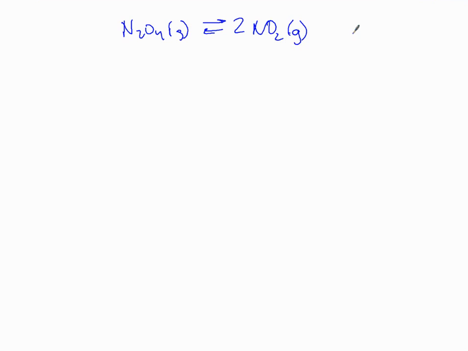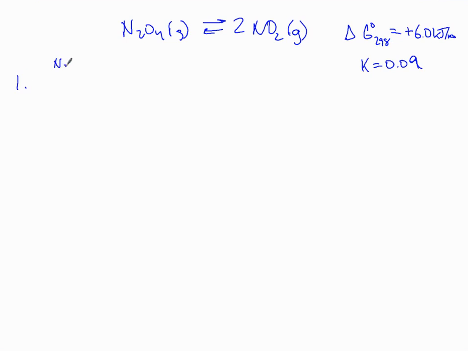So the standard delta G is positive 6, and K equals 0.09. So these are some givens. And trial number 1, we're given a partial pressure of each of these, but nothing else.